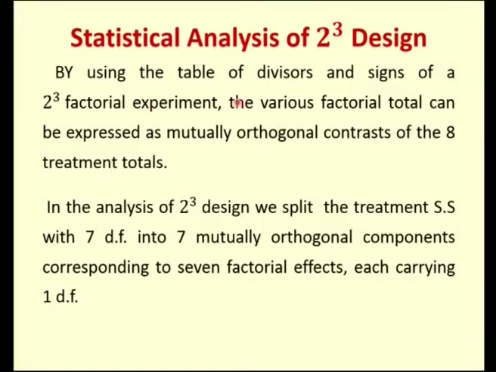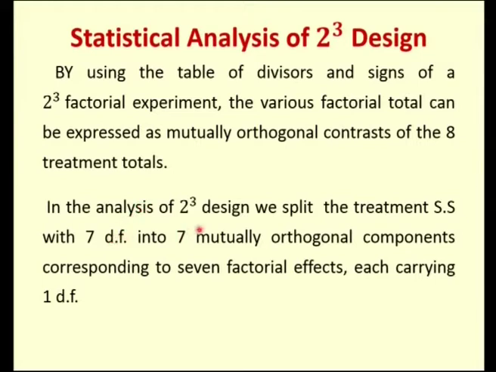Now, we have the statistical analysis of the 2 power 3 design. By using the table of divisors and signs of the 2 power 3 factorial experiment, the various factorial totals can be expressed as mutually orthogonal contrasts of the 8 treatment totals.